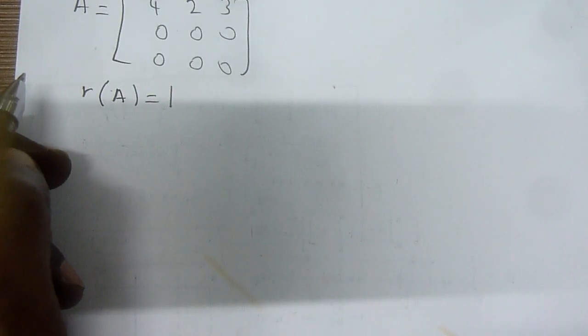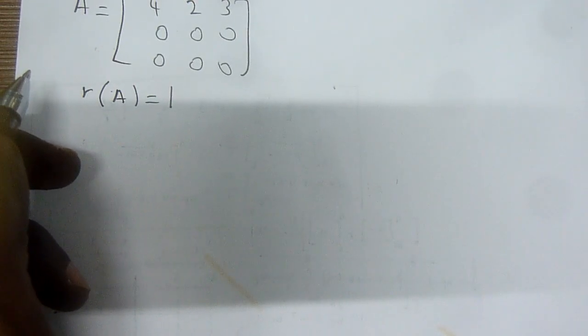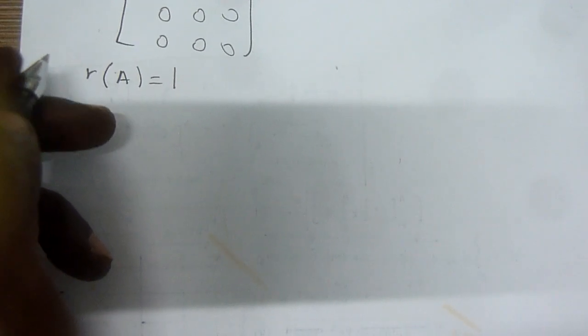Okay, A equals, rank is a 4 2 3, for example, 0 0 0 0 0 0. Then the rank for this is A1. Okay, the rank is 1. The detail you can get, I want you to go through the rank detail a little bit, but I will give you certain properties.